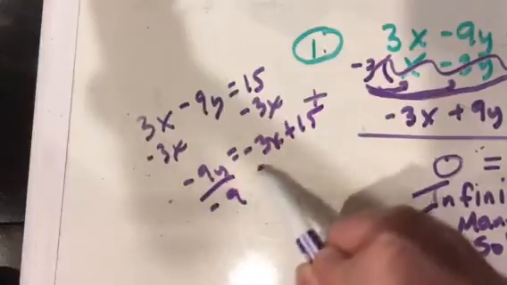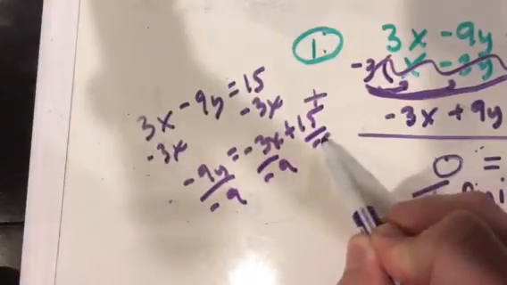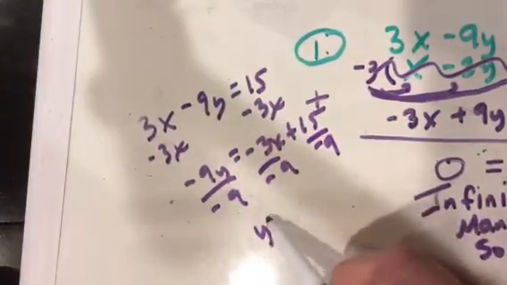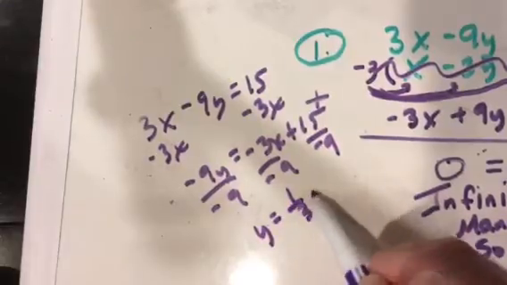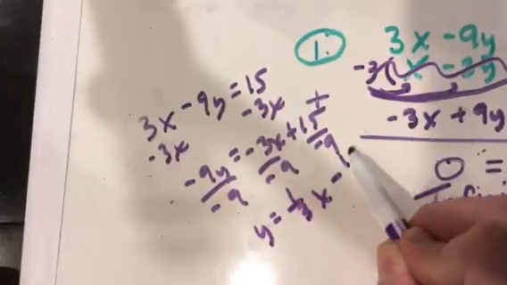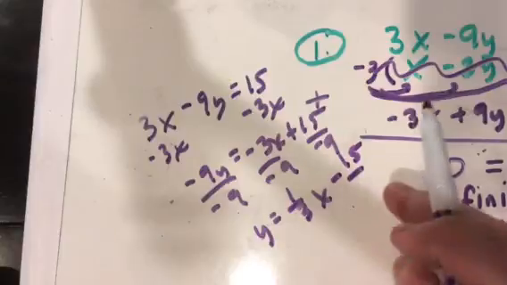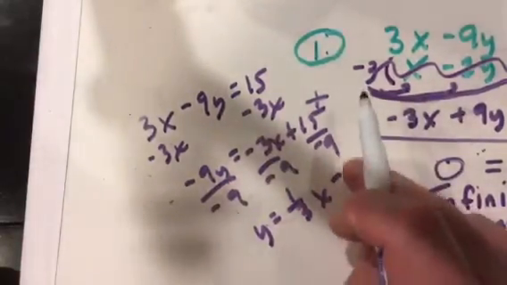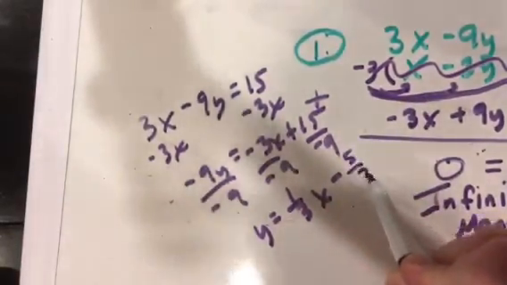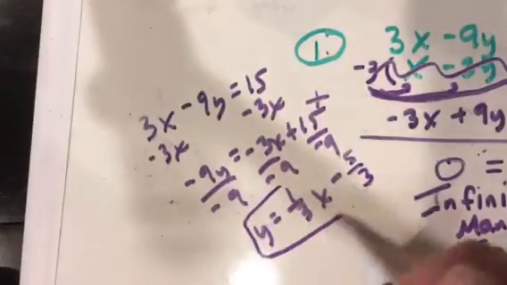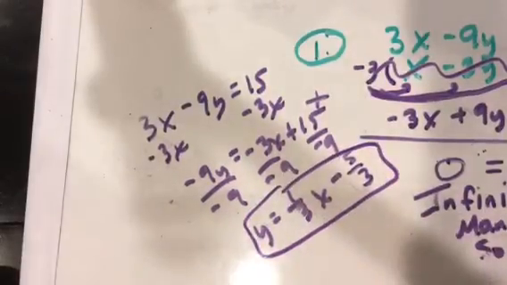You would divide by -9. And you would get y equals 1/3 x, and you would probably have to just leave that. Doesn't come out real good. 15 over 9 does reduce to 5 over 3. That's the first line in slope-intercept form.